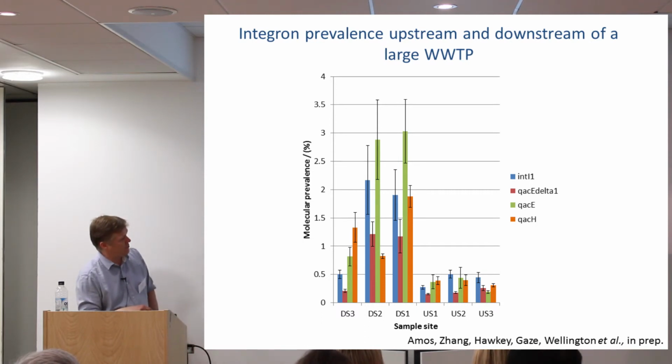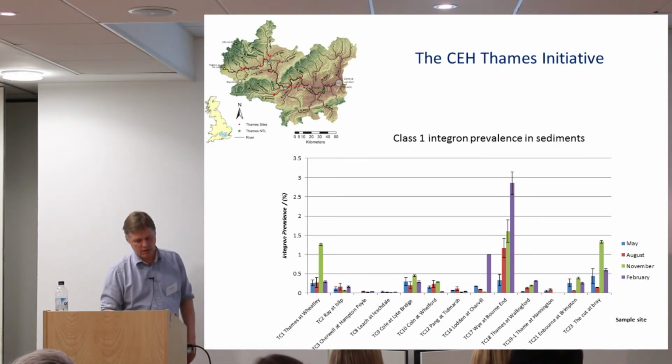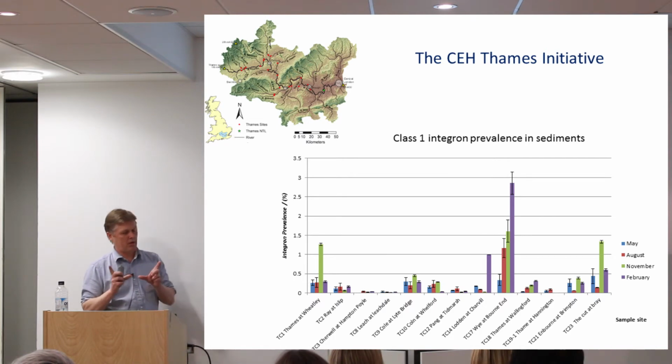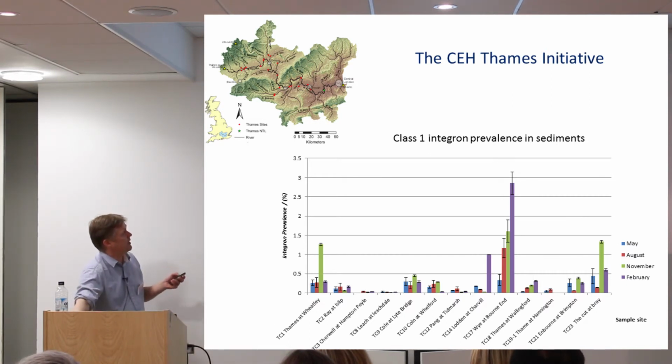So this is like 300, 600, 900 meters downstream and the same upstream. And what we see is there's about an order of magnitude difference in prevalence downstream than upstream. And these integrons are involved in clinical resistance in gram-negative pathogens in the clinic.